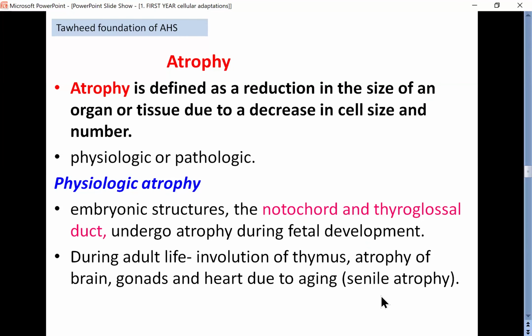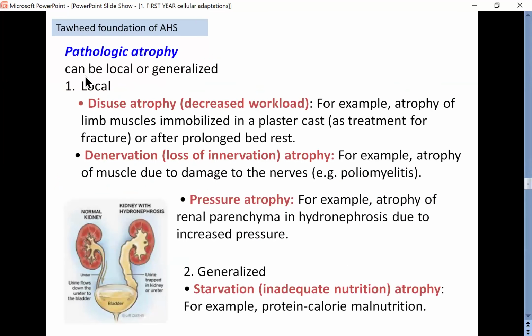That condition is called senile atrophy. This happens in almost every human being, and it is not seen in any disease condition. So that is why it is classified under physiological atrophy. That is happening normally in the individual. Okay, so next is pathological atrophy.